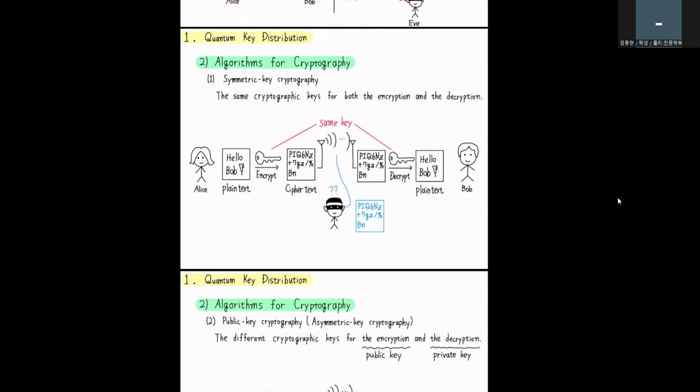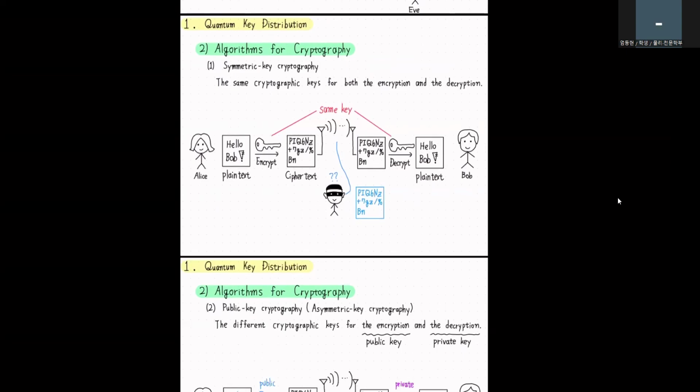So in symmetric key cryptography, the same key is used to encrypt the message before it is sent by Alice to Bob, and the same key is also used by Bob to decrypt the message sent by Alice. And of course, if the eavesdropper does not have access to this key, Eve will not be able to decipher the message sent from Alice to Bob.